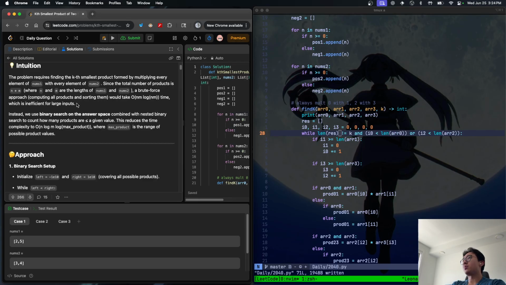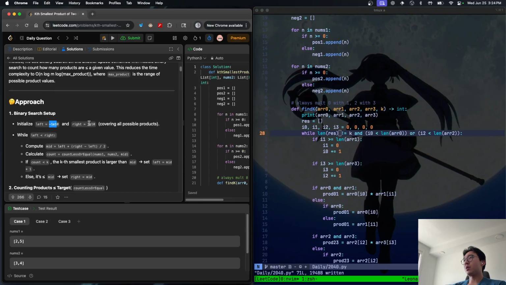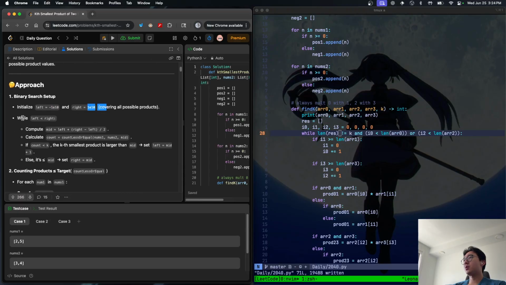A brute force approach would take too much time, but instead we use binary search on the answer space combined with nested binary search to count how many products are less than or equal to a given value. This reduces the time complexity, where max product is the range, and so on. Okay, so initialize left and right, covering all the possible products.